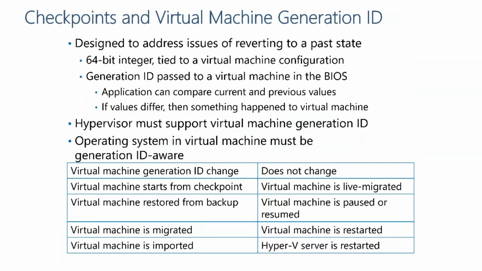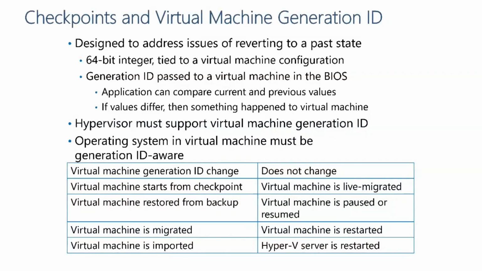But what we can do is that now with the newer operating system, they have what's called a generation ID variable. Every time a snapshot is taken, that variable increases by 1. Basically the generation ID is designed to address the issue of reverting to a past state.